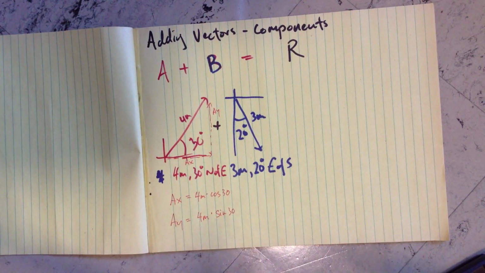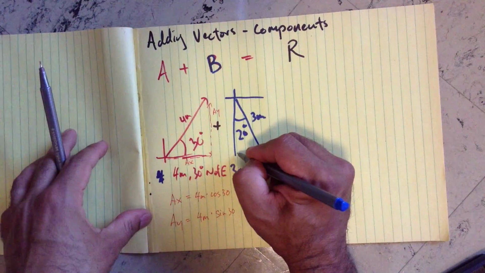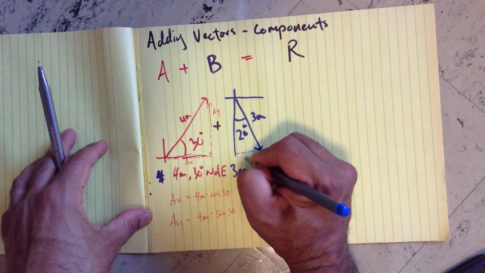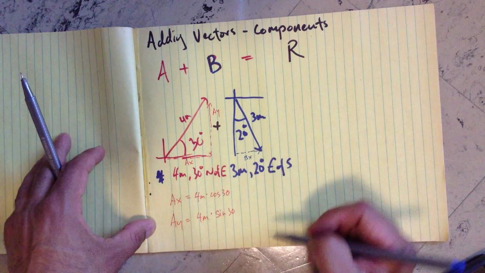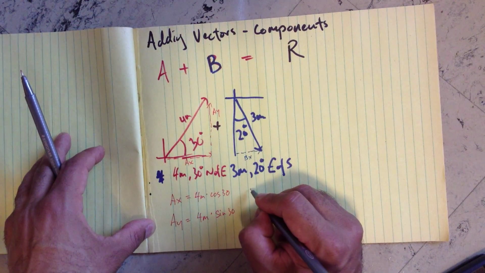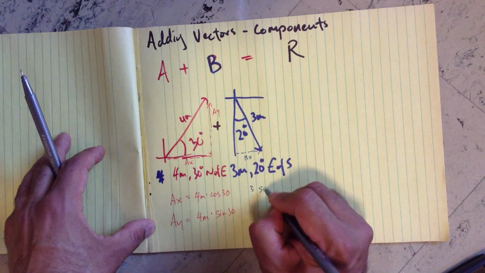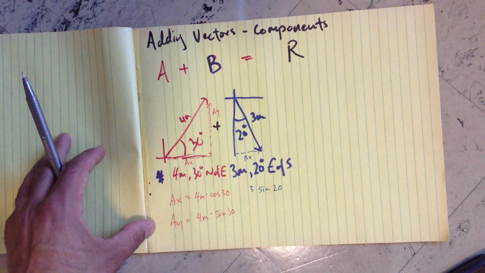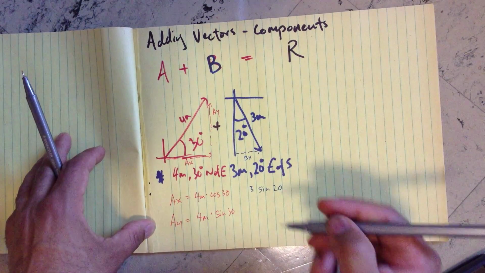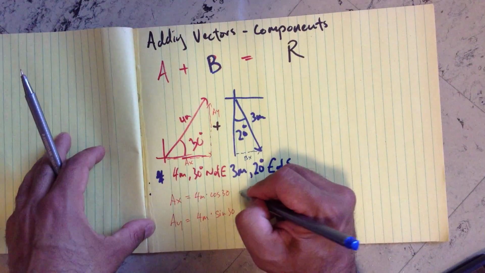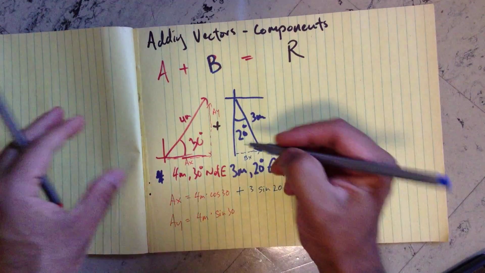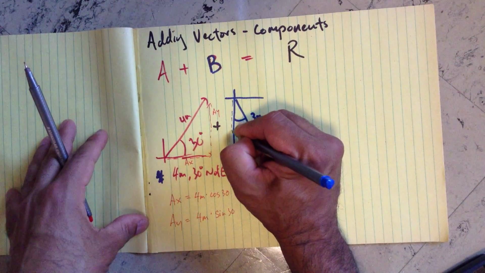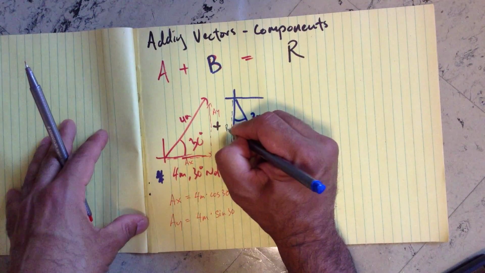For b, bx is the opposite to the angle, so it's going to be 3 meters sine 20 because it's the opposite, and because it's to the right as well, we make that positive. by comes down like this.